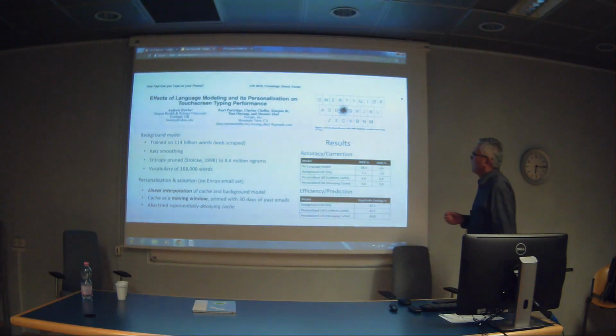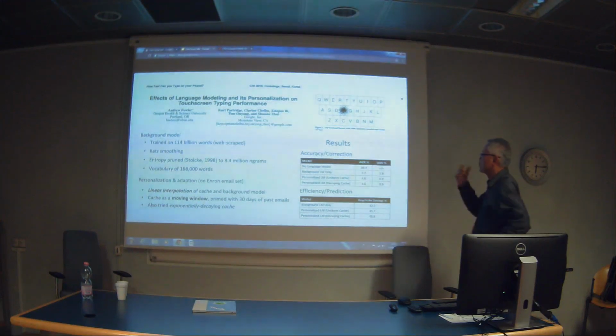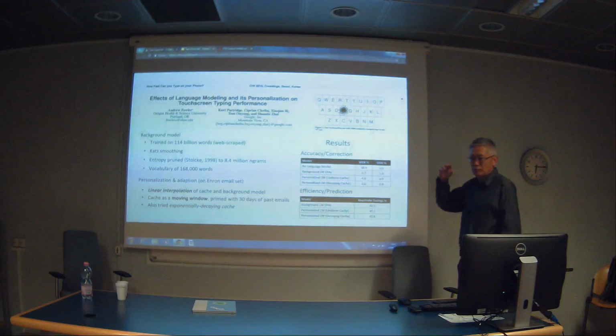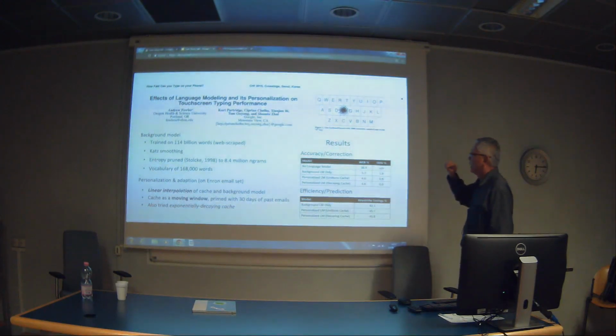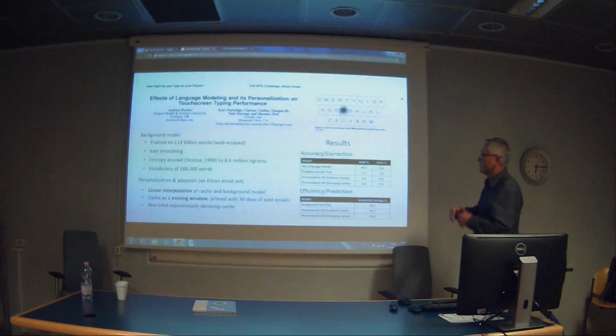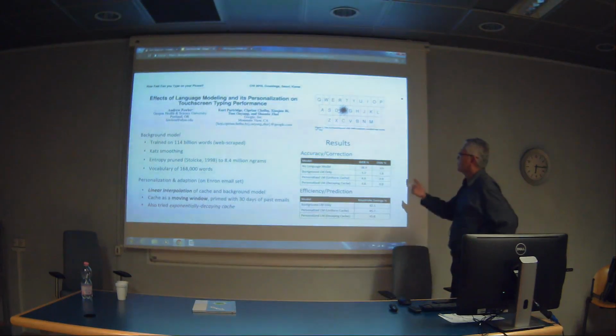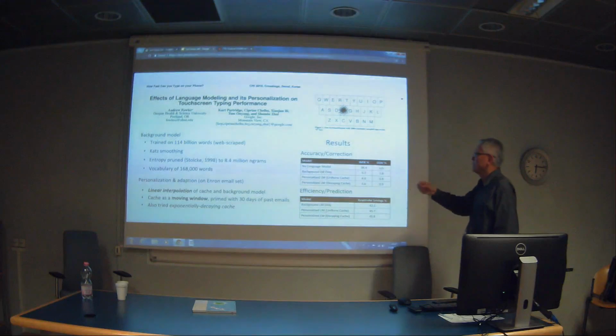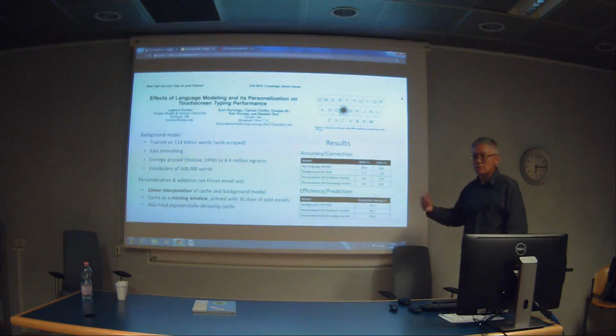Here, we did a large-scale simulation of language model effect, assuming certain user behavior. The user behavior is what I described earlier. That is, they hit keys following a generic Gaussian distribution. So we use such a simulated human user and apply it statistically onto typing a large amount of text.